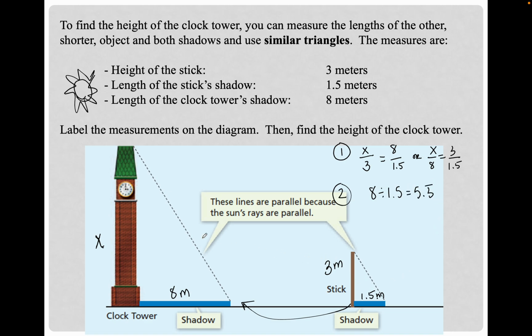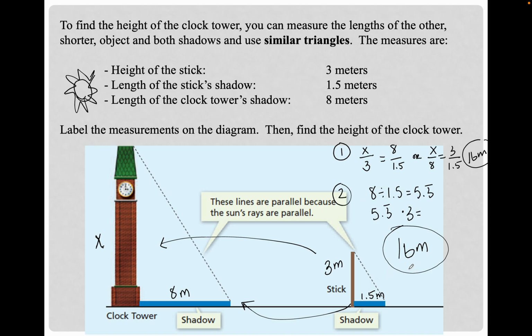What that means is that the height of the clock tower should also be 5.3 repeating times taller than the stick. So that's 5.3 repeating times 3, which is a height of 16 meters. So regardless of which way you look at this, you should get 16 meters for either of your proportions for option 1 or 16 meters for option 2.